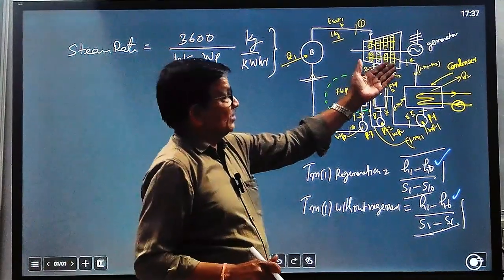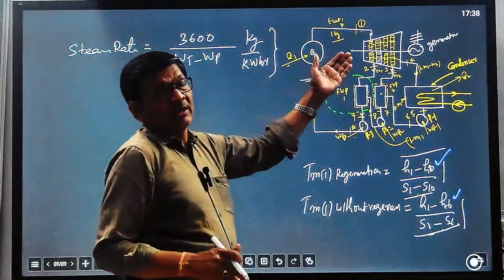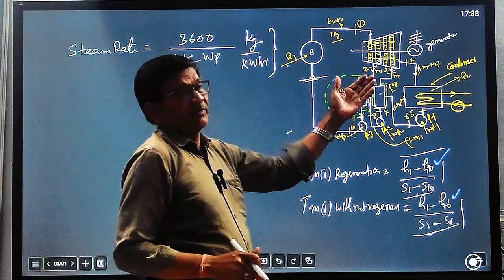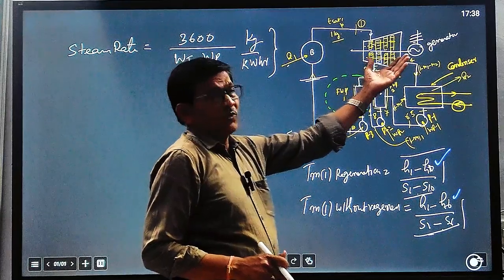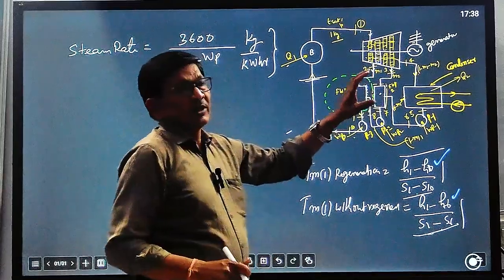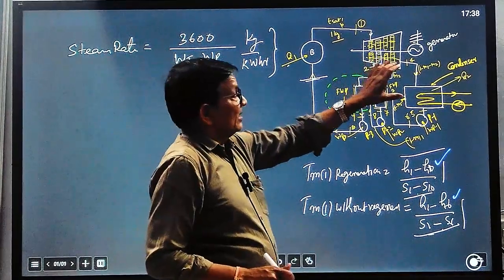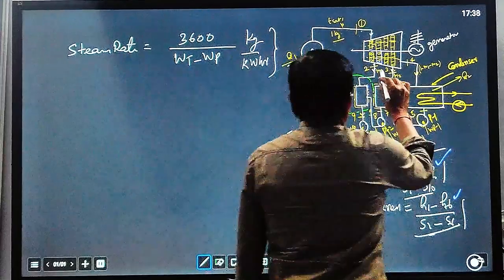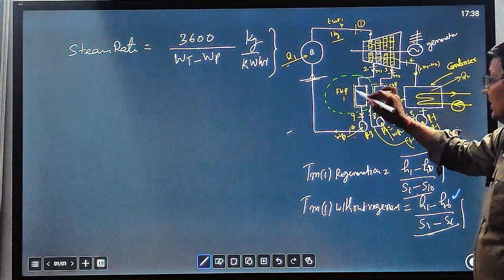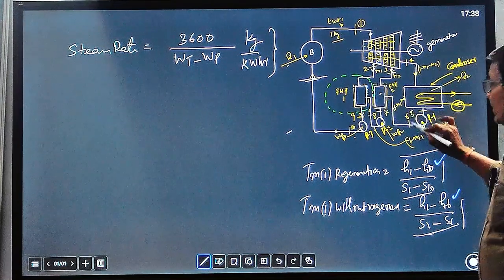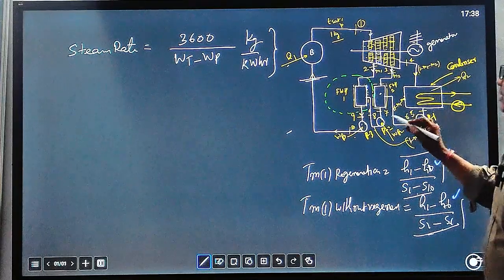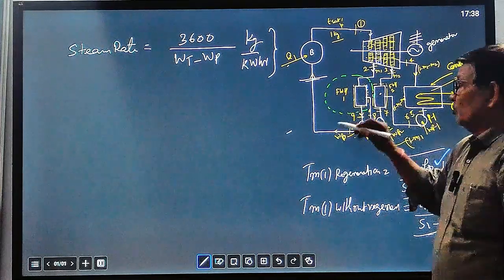Instead of taking the whole of the steam back to the boiler and using exhaust gases for reheating purpose, this is a qualitatively easier way, not having a very complex way to increase the mean temperature, because a small quantity of the steam you can take back and use feed water heaters with feed water coming from the condenser. You can use 2 or 3 heaters and increase the mean temperature.